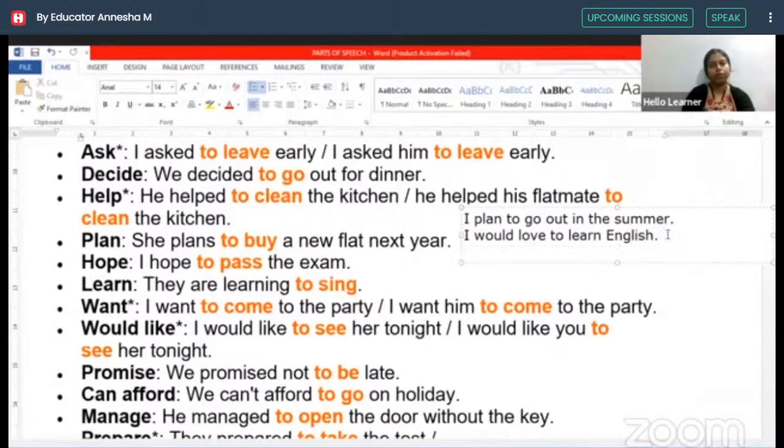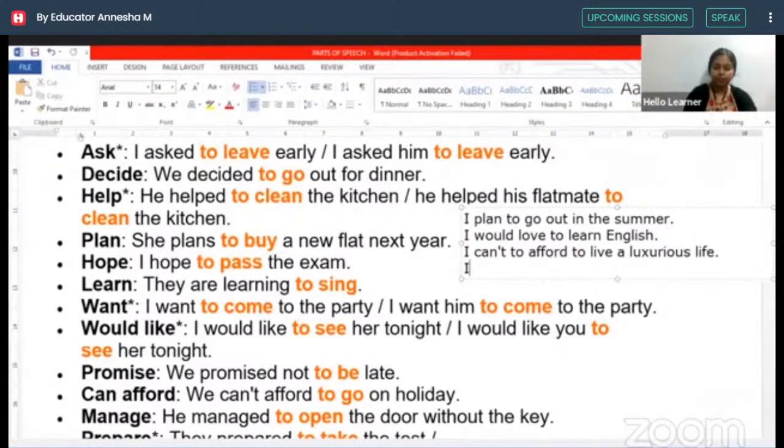Absolutely correct. Very good sentence. Okay, Dipali. Yes, Shweta, बताइए. I can't afford living luxurious life. I can't afford. Okay, I can't afford to live a luxurious life. बिल्कुल सही. Very good, Shweta. Really good sentence.